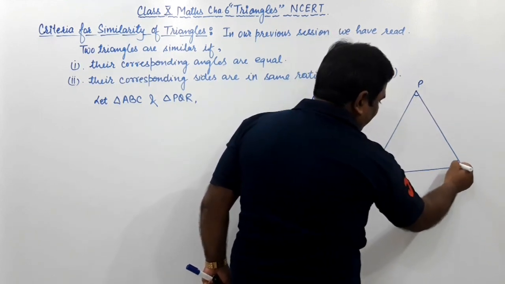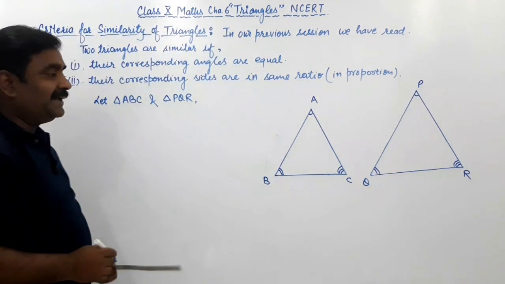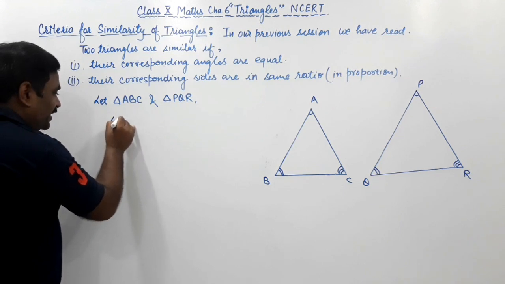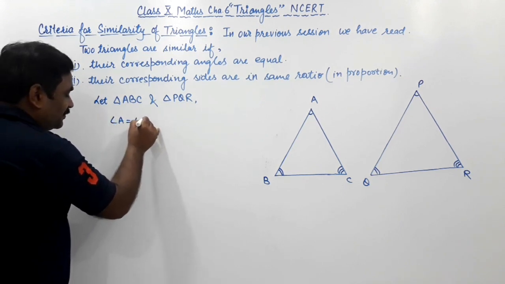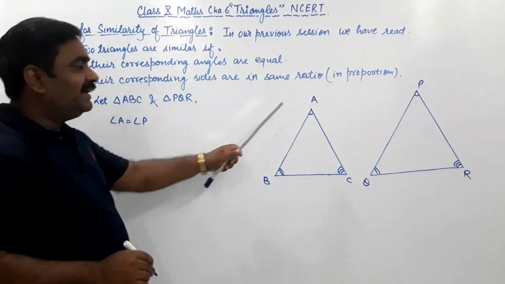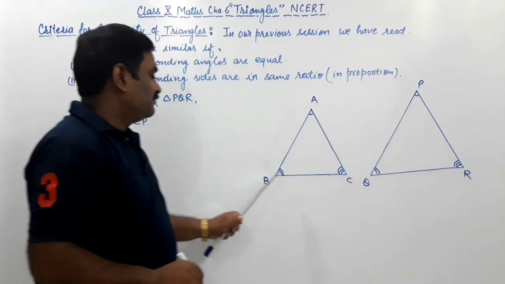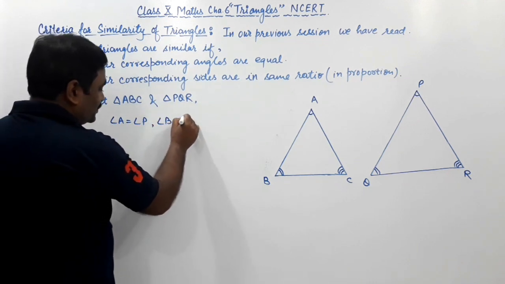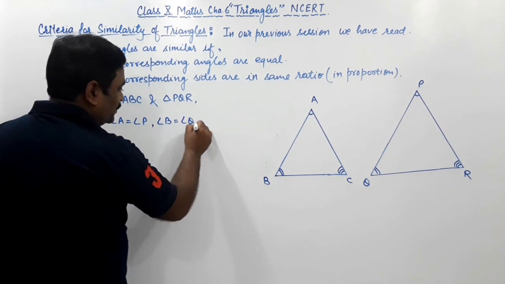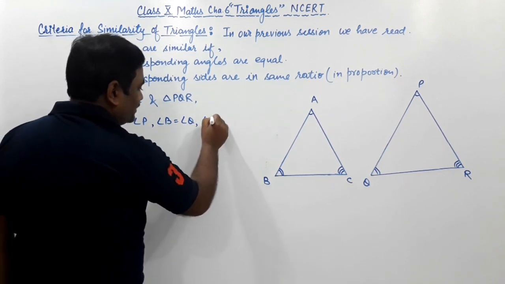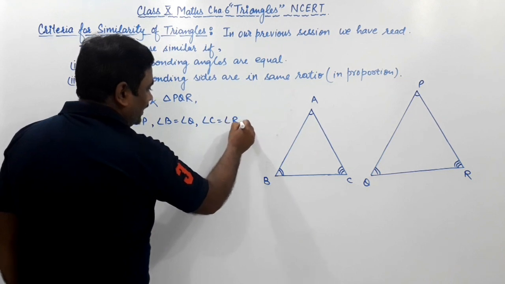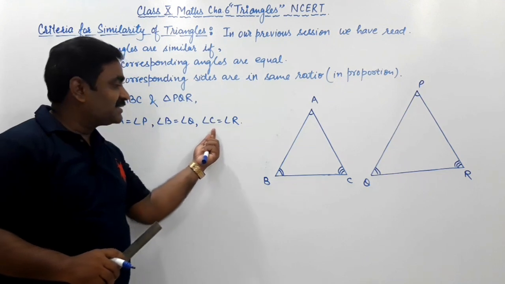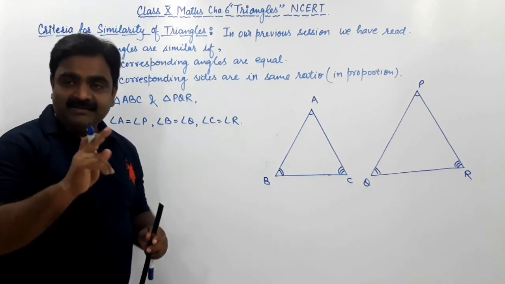So what we are going to discuss, these two triangles are said to be similar if measure of angle A equals measure of angle P, meaning angle A corresponds to angle P, measure of angle B equals measure of angle Q, and measure of angle C equals measure of angle R. So angle A equals angle P, angle B equals angle Q, and angle C equals angle R. Got it?